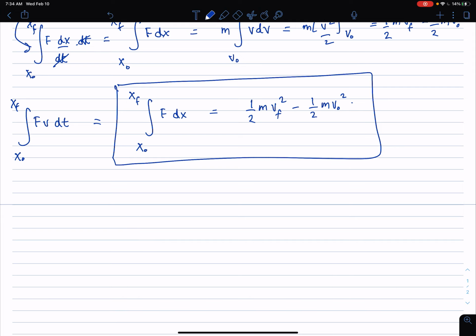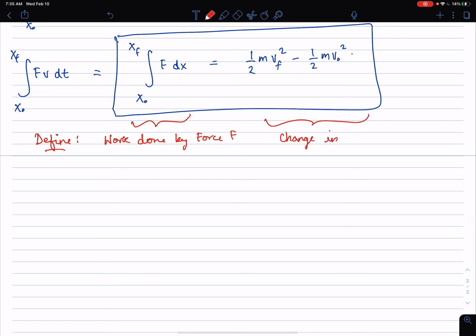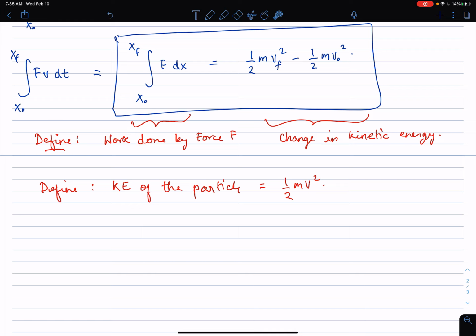We've derived it from F equals ma, and then what people did essentially is term this quantity, so define this quantity as work done by force F, and then we define this quantity as change in kinetic energy, where we define the kinetic energy of the particle, in this particular case, as basically half m v squared, so that this quantity is basically final kinetic energy minus initial kinetic energy. Okay.